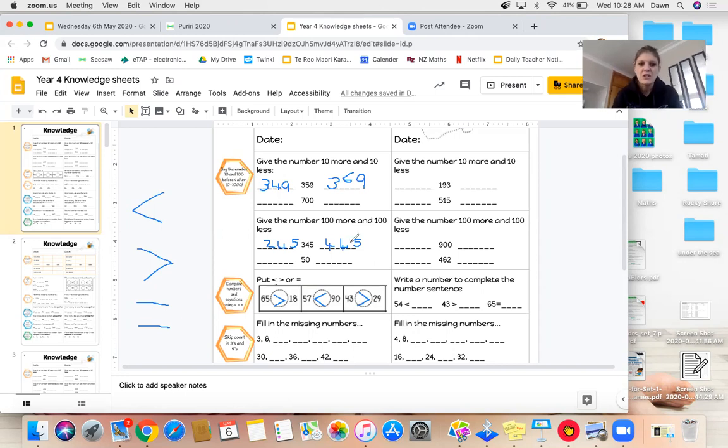Right. So over here at the bottom, if we look, it says skip counts in 3s and 4s. Now that's very easy. You are supposed to be able to do that. It's just like counting in 2s and 5s, but this is in 3s and 4s. So you're going to skip numbers 3, 6, 9, 12, 15, and you're going to carry on with the rest. Okay, and this one is skip counting in 4s.